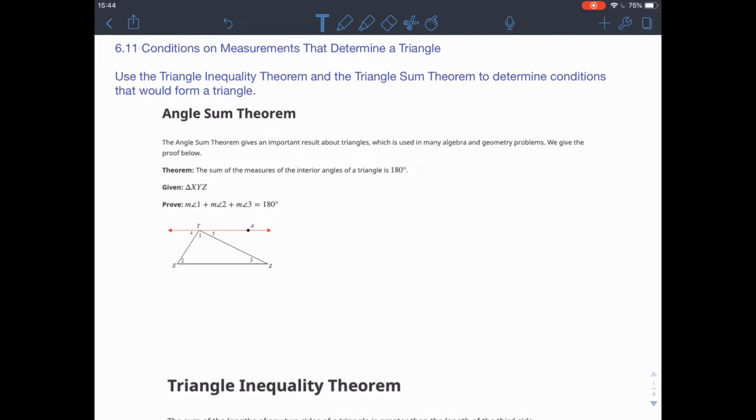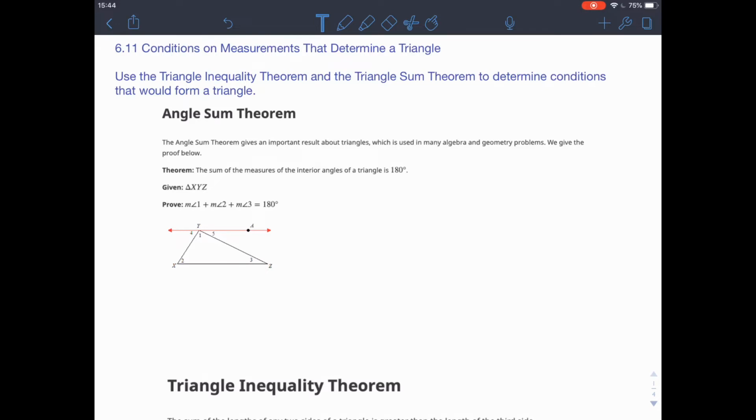The first condition that we're going to talk about today is the triangle sum theorem. The triangle sum theorem states that all of the measures of the inside angles of our triangle will add up to 180 degrees.